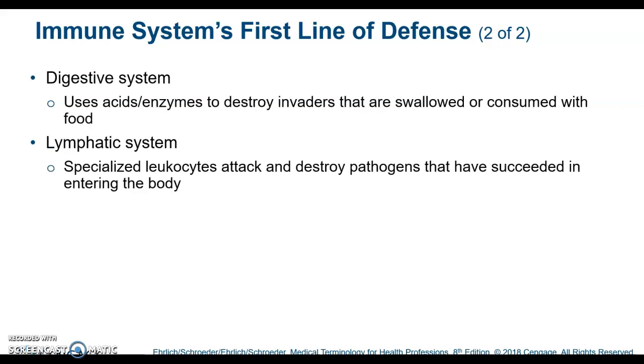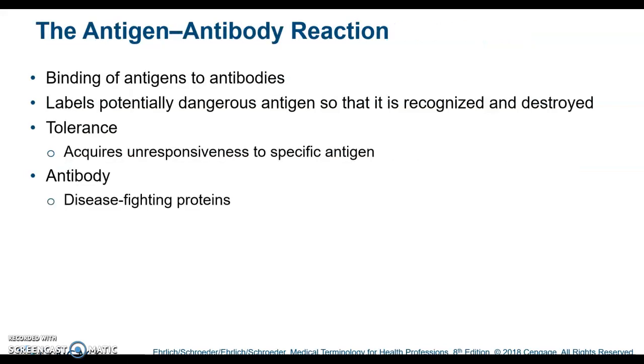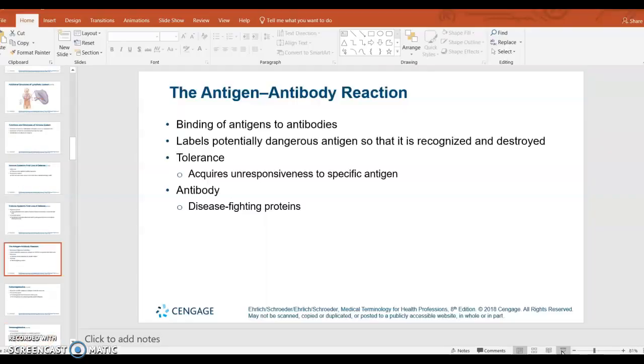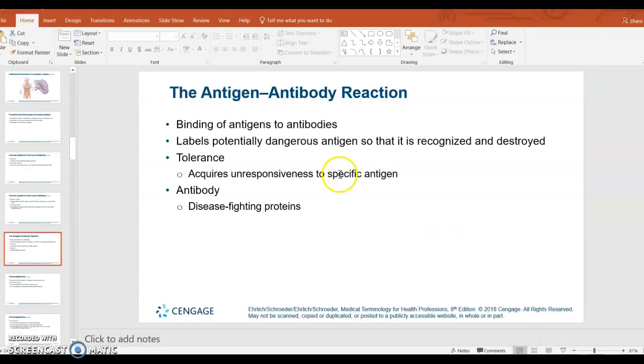The digestive system also assists: your stomach has acids that sometimes destroy invaders that may have been harmful to the body. The lymphatic system as well, which we are covering together with this system. So just be aware of that as you study chapter 6, which is the lymphatic and immune systems.